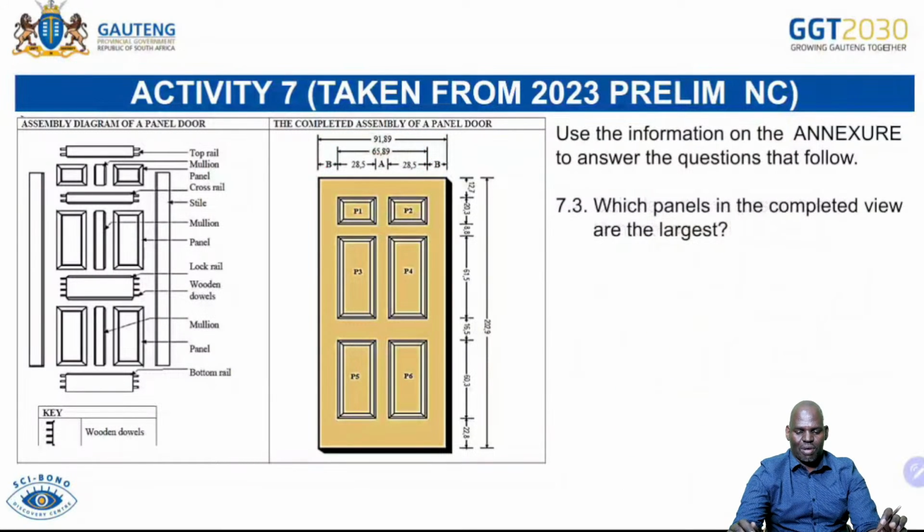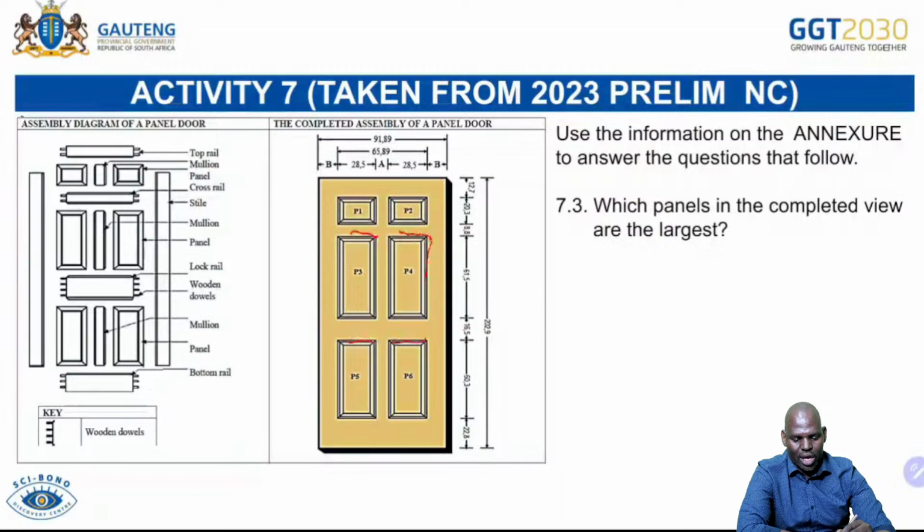Then number 7.3: which panels in the completed view are the largest? If we look at these two, in the picture they might look like they are equal. Width wise, they are equal.